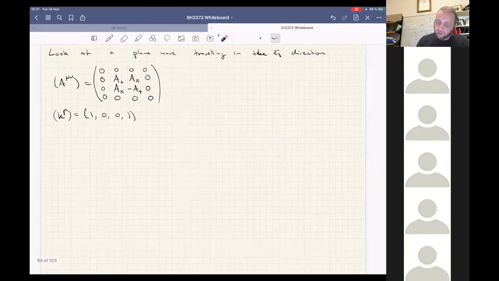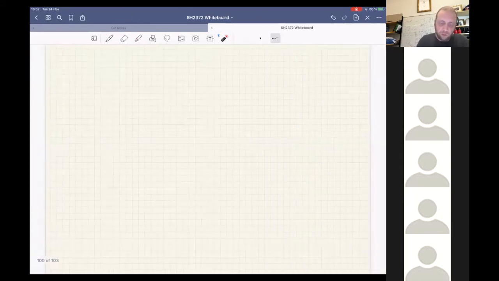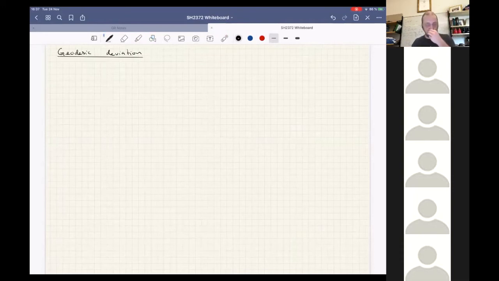In order to answer that, we're going to study something that's called geodesic deviation. So this will require a bit of introduction of concepts. What I'm going to do is first draw a little picture.